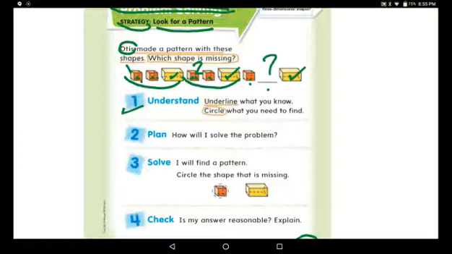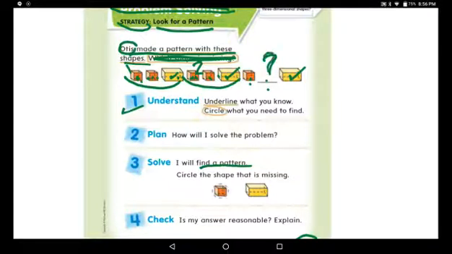Now we underline what we know, and we circle the question that we don't know. How will I solve the problem? I will find the pattern. Let's look at the pattern again, as if we are saying daddy, mommy, baby, daddy, mommy, baby, daddy, mommy, baby.